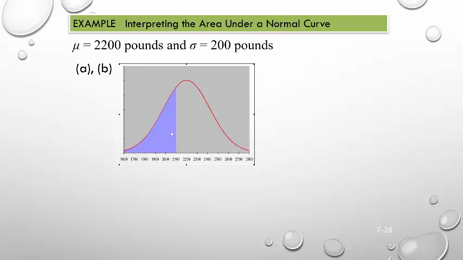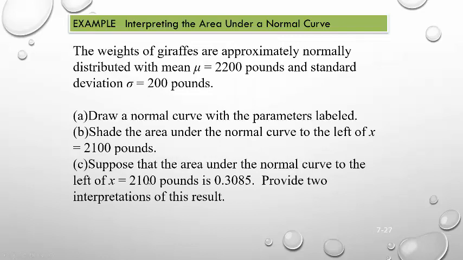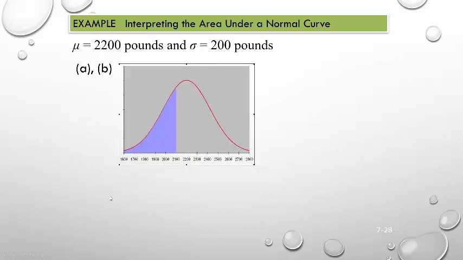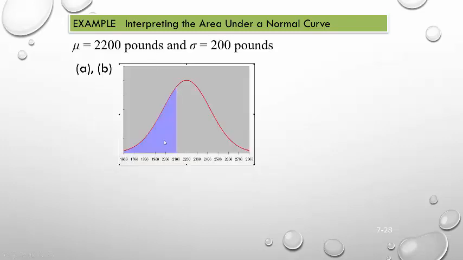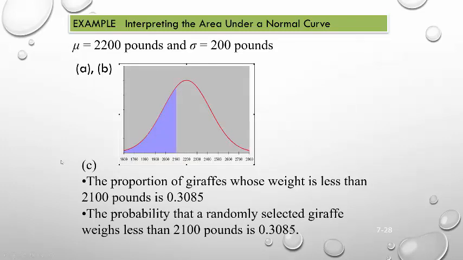So what does this shaded area represent? I told you that the area under the normal curve to the left of 2,100 pounds, this blue shaded area here, is 0.3085. What exactly does that mean? Here are two interpretations.